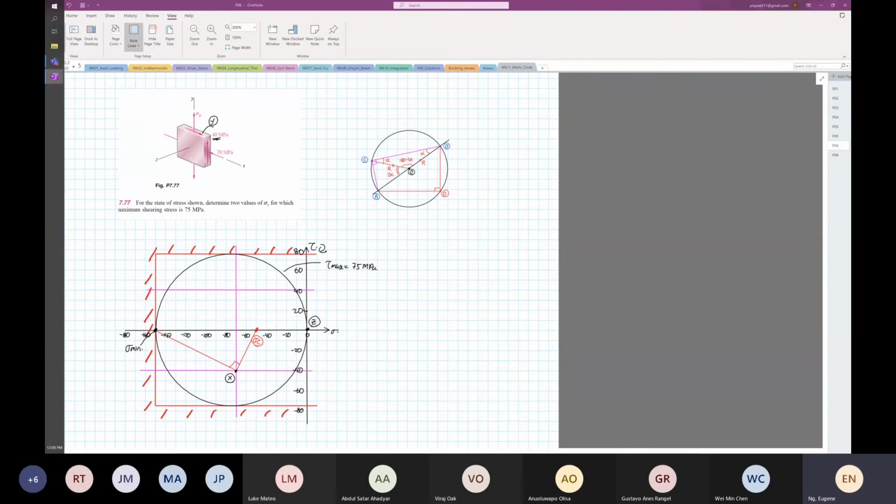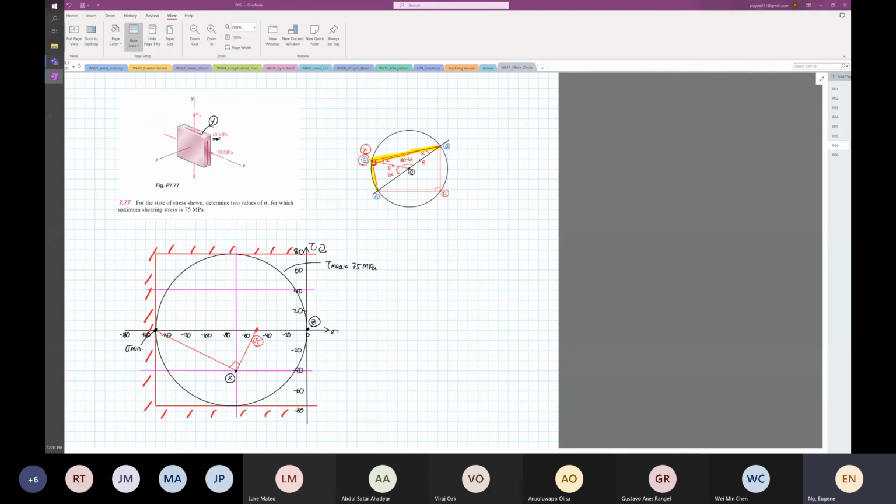The rules of the circle state that this has to be 90 degrees. So this point over here, our C point, is like our point X. Remember what I've done. I've drawn a line from here to here, and then I rotate by 90 degrees.